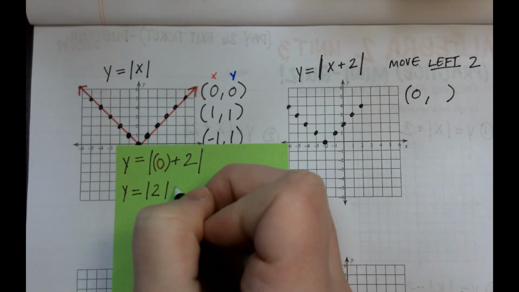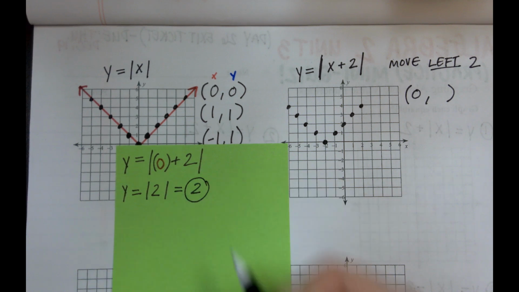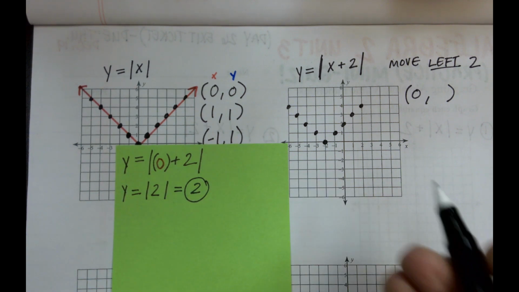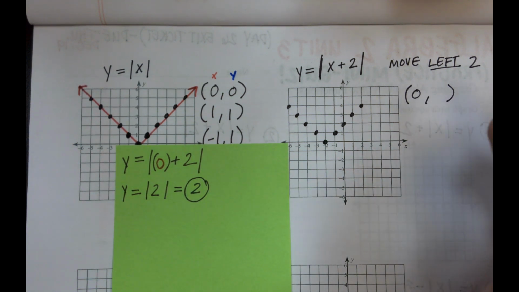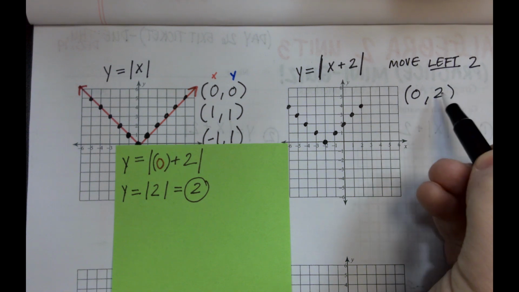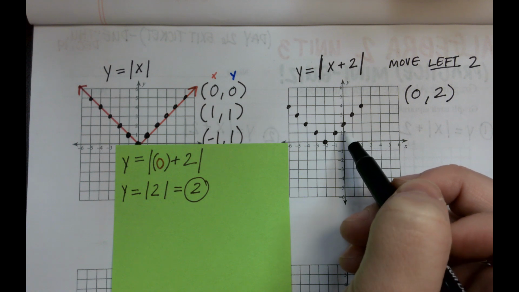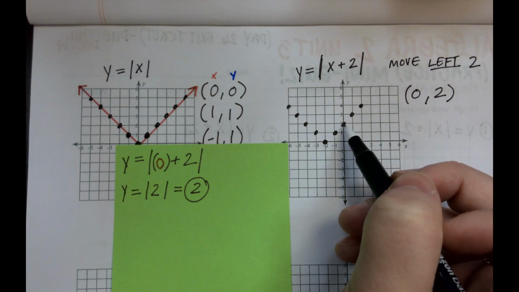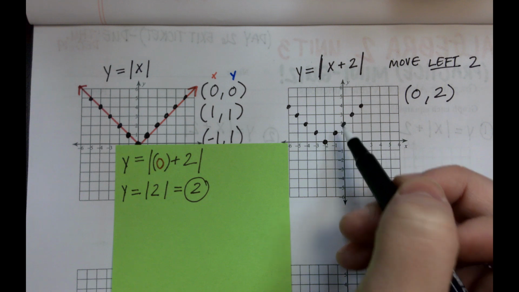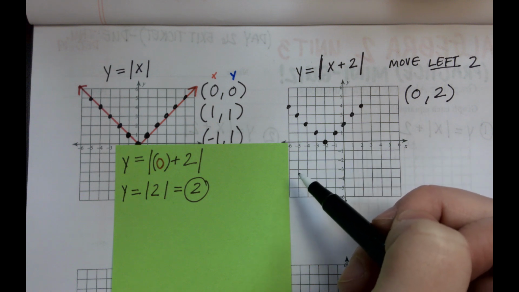Okay, and the absolute value of 2 is just positive 2. So when my x is 0, my y is 2. So let's double check. I'm going to go over 0, so I stay right in the middle, up 1, 2. And that does hit that point right there. That is perfect.